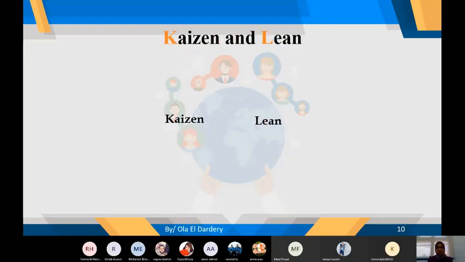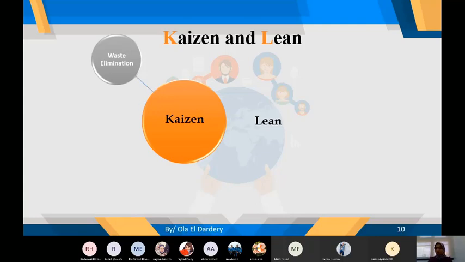So let's start with what's the difference between them. In introducing Kaizen, I'm not going to focus on all the principles of Kaizen because there are a lot of those. I'm just going to focus on the three major pillars of Kaizen. The first one is waste elimination. We're going to talk a lot about this in the upcoming slides.